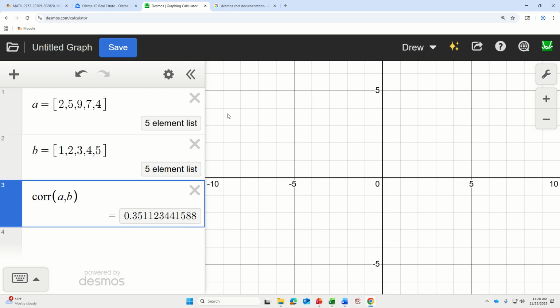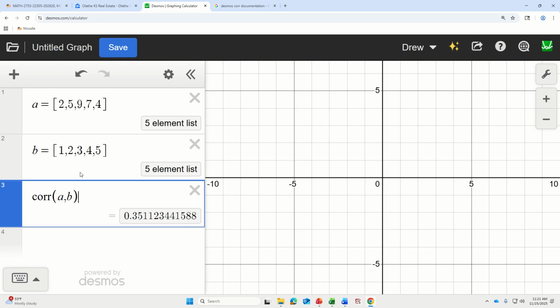The first number should come from the first subject, the second number should come from the second subject, and then keep them paired up in your data point pairs the whole way. Because that order does matter whenever you type in the correlation coefficient, A comma B. I can change the order of my subjects, but I do have to keep each subject's response variable and predictor variable in the same position along the list. That's important.